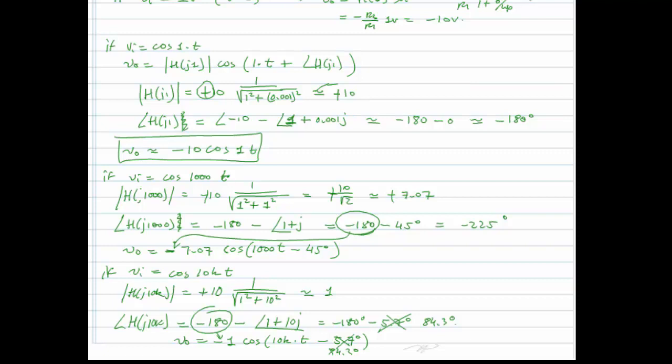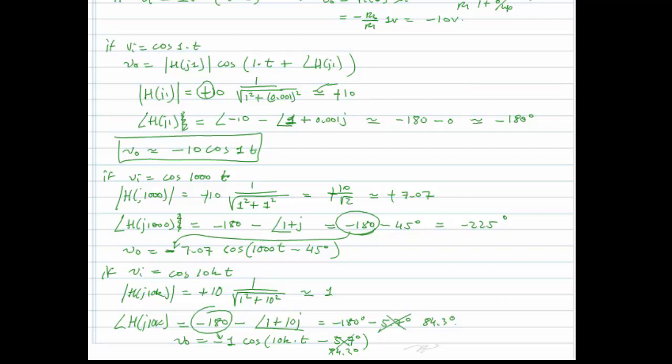If I were to mark it this way on a log scale, okay? So this would be 10,000 radians per second. This point right here would be 100,000 radians per second.